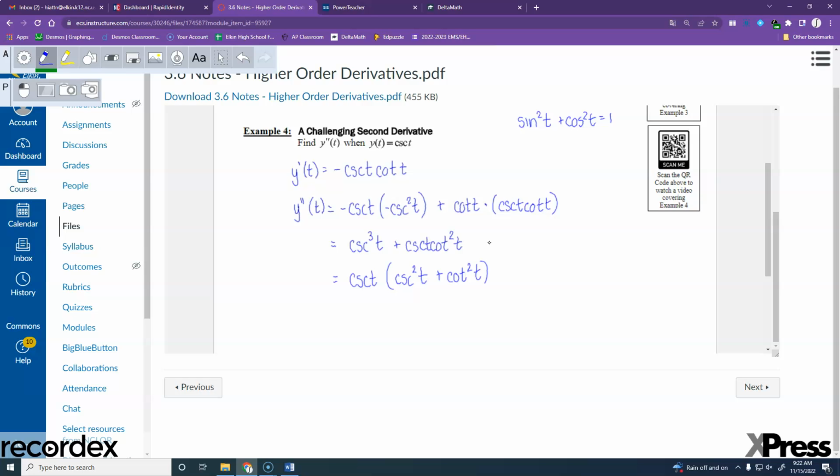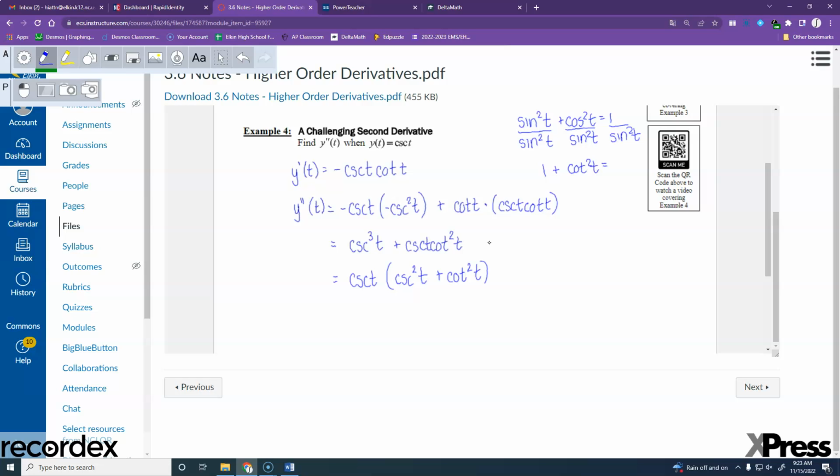So, if I'm wanting to get cosecant and cotangent, look what happens if I divide by sine squared for everything. That's a legal move. Sine squared over sine squared is going to be 1. Cosine squared over sine squared is cotangent squared.